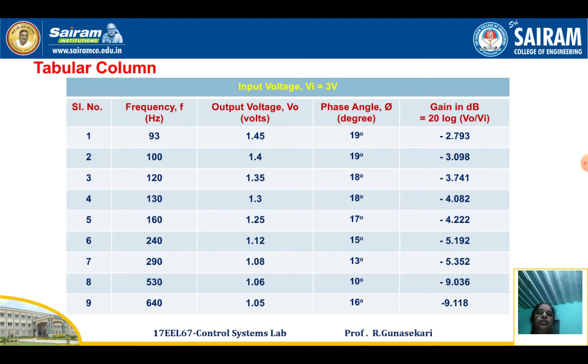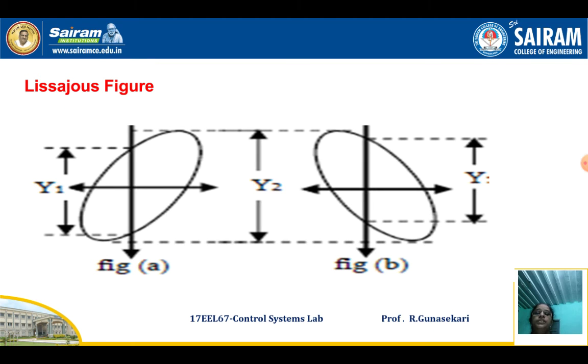So all readings are tabulated, and then you can see this is the Lissajous figure. How can we get this figure for the RC lag compensating network? In the CRO, you press the XY plot after getting the input and output waveform. Then you can vary the frequency in the signal generator. You can get the Lissajous figure as it is.